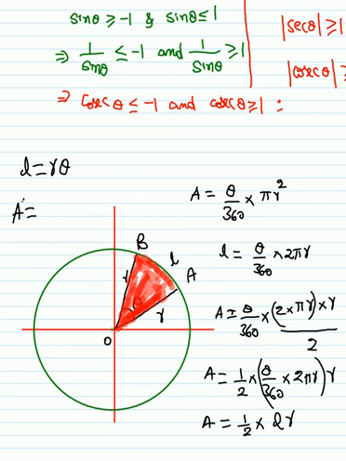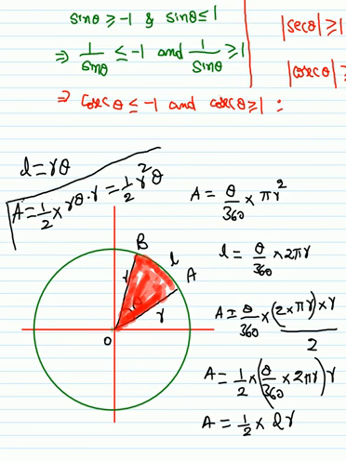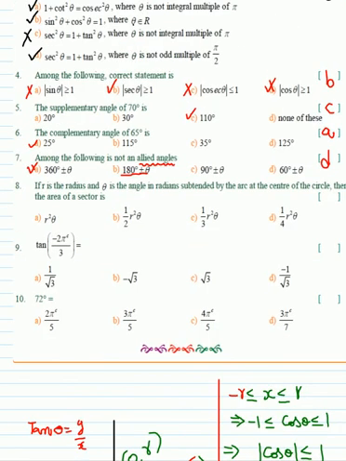Therefore, area is equal to 1 by 2 into r theta into r, that is equal to 1 by 2 r square theta. So this is the area of the sector which makes an angle theta at the center, where theta is expressed in radians. So now the answer is B.